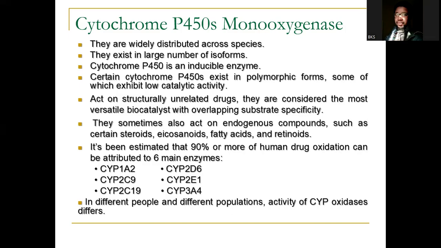So in each family, you say, okay, all of you have at least similarity of about 40%. You can have some among them whose similarity exceeds that 40%. So if the similarity within the group is maybe above 55%, they are further subdivided into subfamilies.